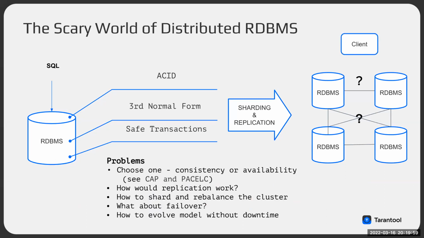Now you should keep in mind all these problems, and first off, that no matter what distributed technology you're using, you have to choose one, right? Consistency or availability. According to the CAP theorem, you've got to choose one in the situation where you don't want to end up having a split brain in your cluster, so you don't want to sacrifice partition tolerance of your cluster.